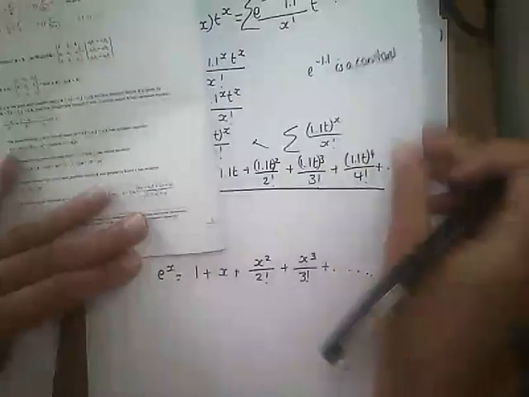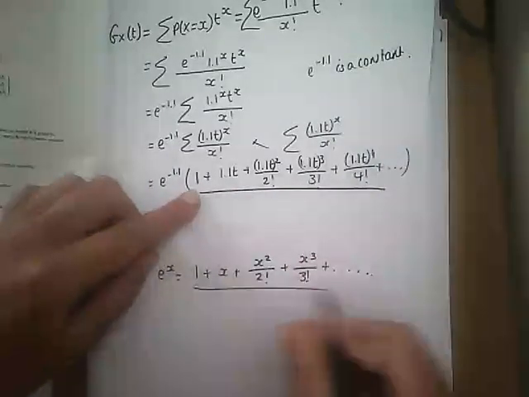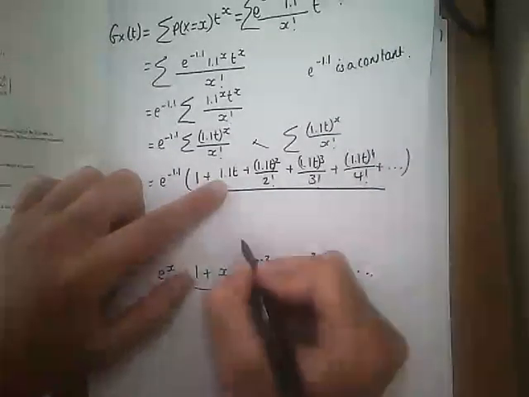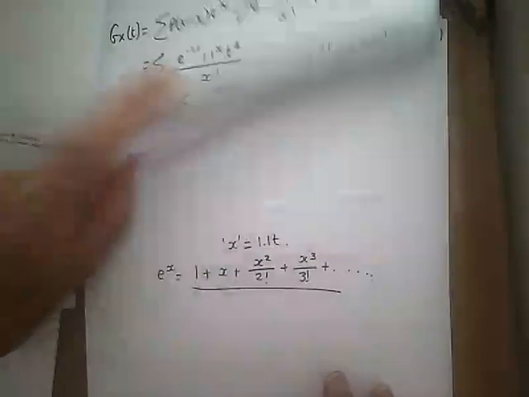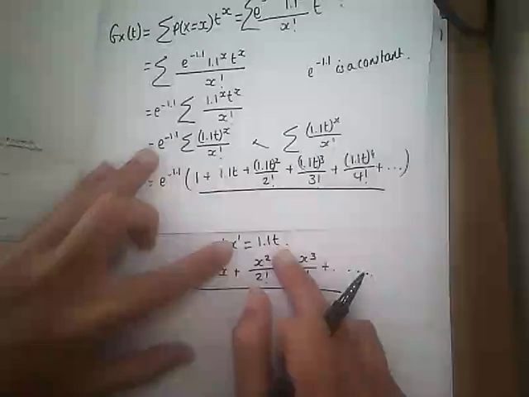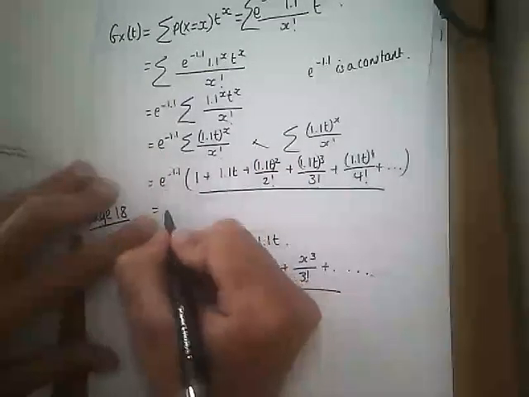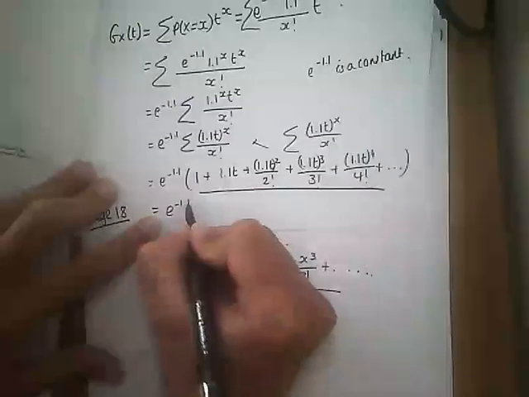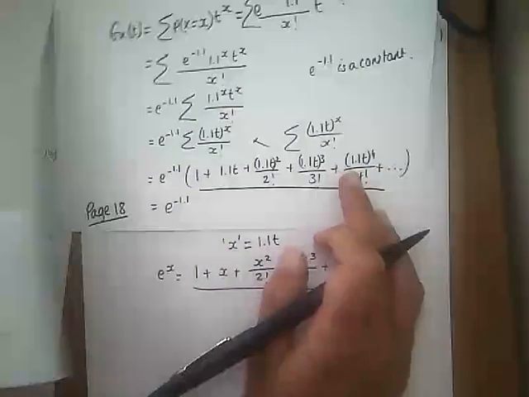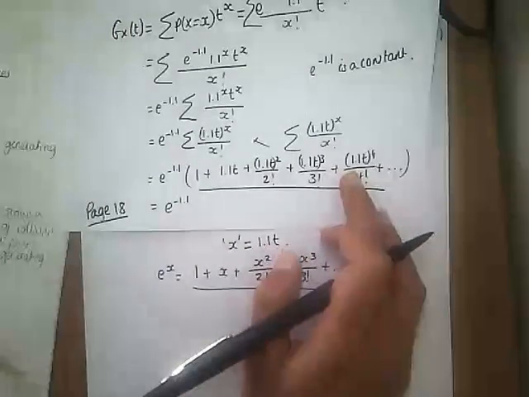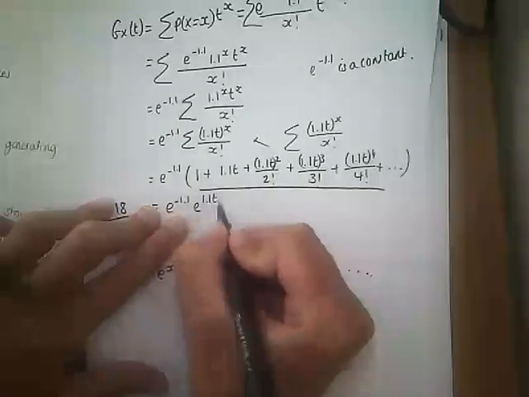Hopefully we can see that that is the same as this, but the x is now 1.1t. So what we have now is e to the minus 1.1 outside as a factor, and this is all the Maclaurin series for e to the x, where x is 1.1t, so that's e to the 1.1t.